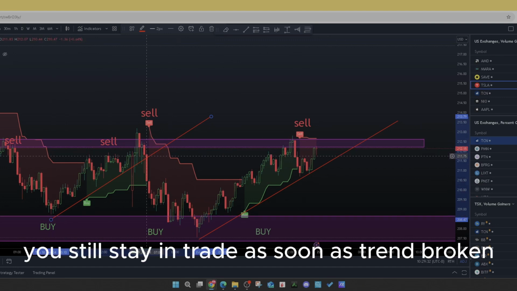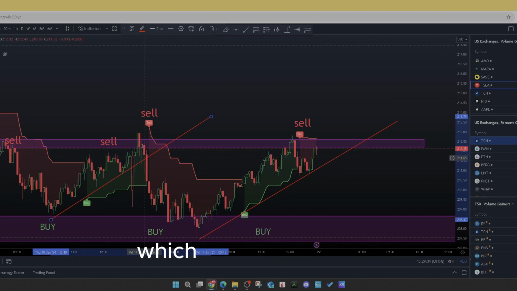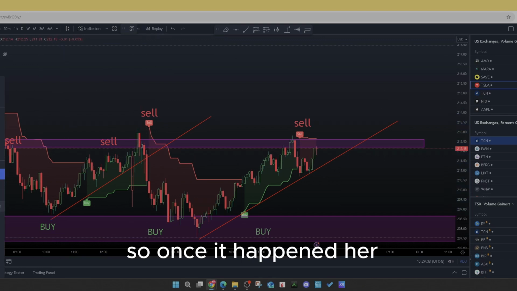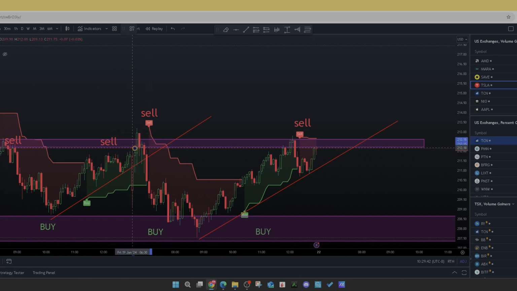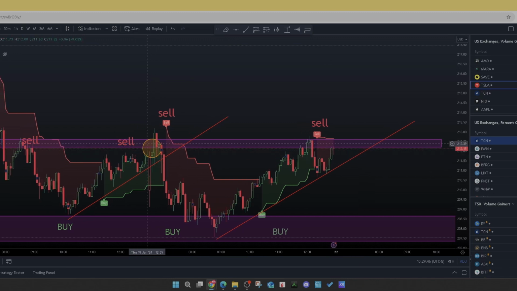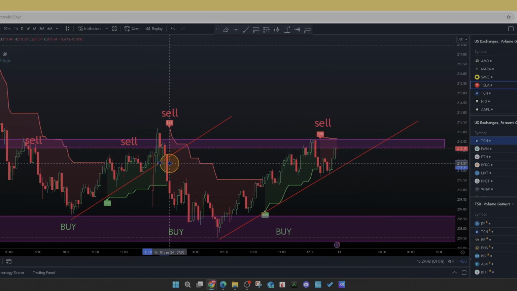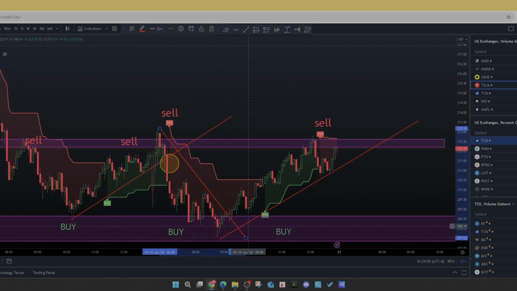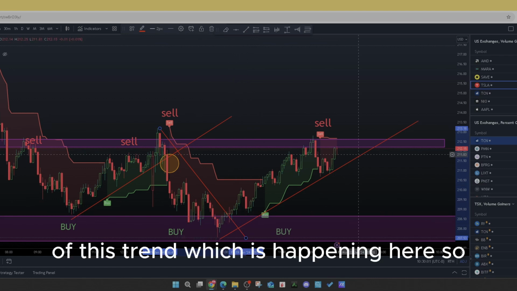As soon as the trend is broken, which happened here, once it happened here, the trend is broken, right? This trend broke, then we are out. And we look at the reversal of this trend, which is happening here.